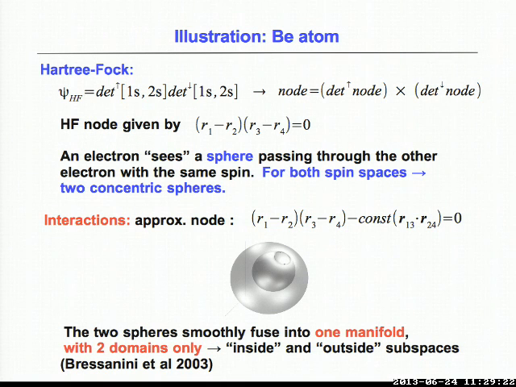Now, imagine that you crank up the interaction and you correlate. The approximate node is given by this equation, and you see those 2 concentric spheres now fuse into one manifold, and you have a hole here, so you can actually get from outside into inside, so to speak. And again, there are only 2 nodal domains. You are either out or in, so to speak.